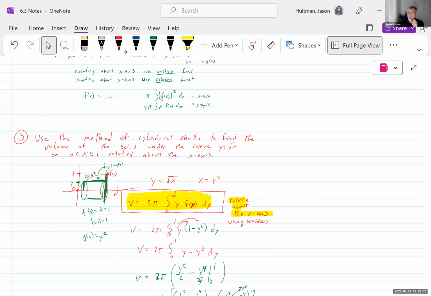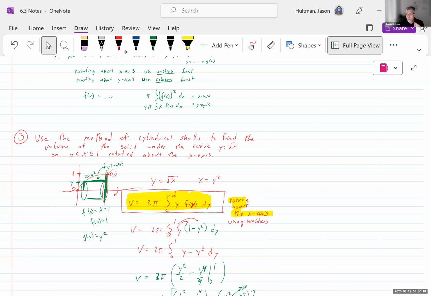The problem is that to really understand these, you have to go back to not so much relying on the formulas, but relying on what the formulas represent. And the formulas represent either 2 pi r h or pi r squared.